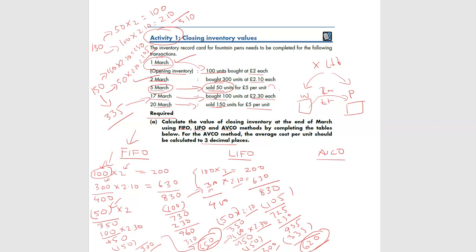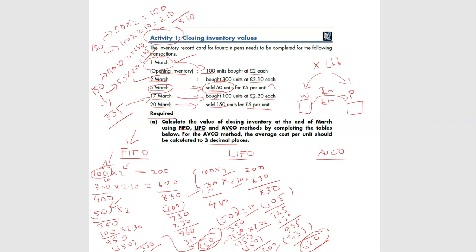So if I use FIFO, I use the previous price, so that means I issue the inventory at the low price, and that's why my closing inventory gives me a higher value at the end. But if I use LIFO, I use the most latest one, that means the old price is the cheap one, which gives me less value for the closing inventory.